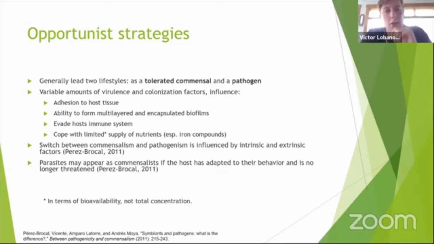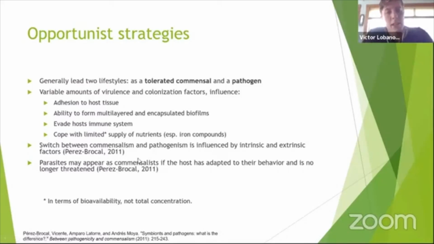The other thing I want to mention about opportunists is that they often are very closely related to pathogens and to plant growth promoting microorganisms. So it's not like lactic acid bacteria are always good. When they go rogue, it's usually just one species or one strain away from an organism that is really beneficial to the plant.